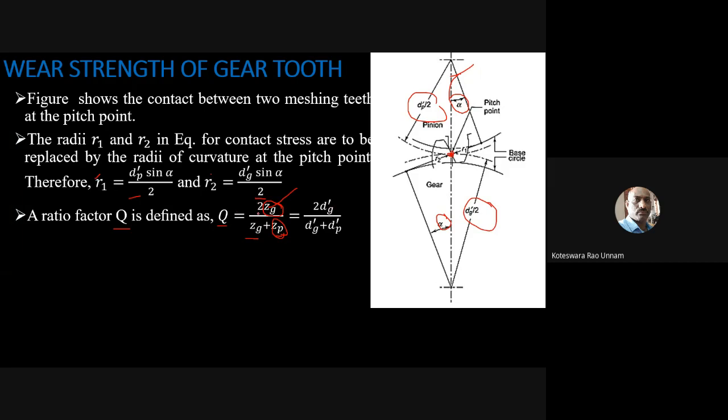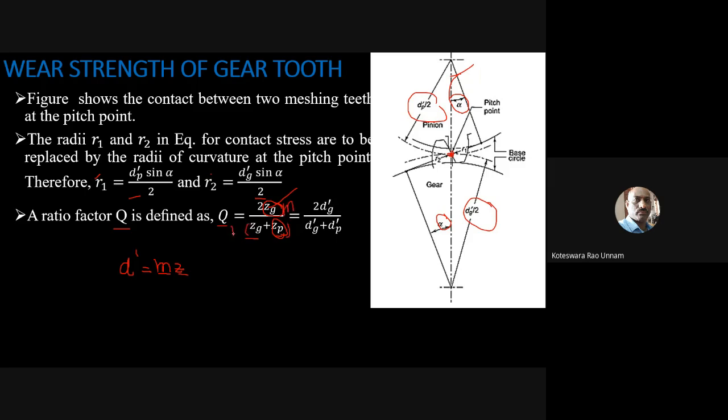The same thing you can also write differently. We know the relation between module and pitch circle diameter: pitch circle diameter is nothing but module m into number of teeth. So here the same thing can be written something like this. I will multiply by m in the numerator and denominator.